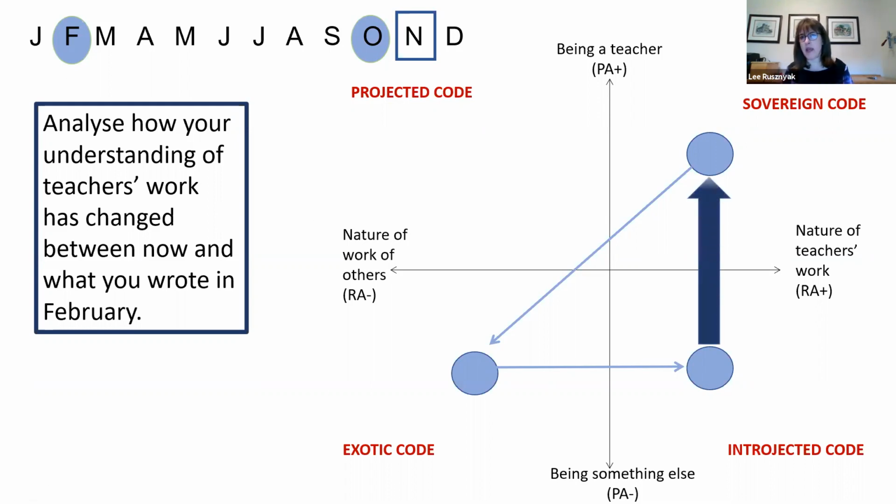And in that way, through that process of saying, I used to think this, now I think this, I didn't see that part of teachers' work, but now I see it, we're then taking them back into the sovereign, where we're giving them a deeper understanding of being a teacher, the natures of teaching work, and how they have come to that path.